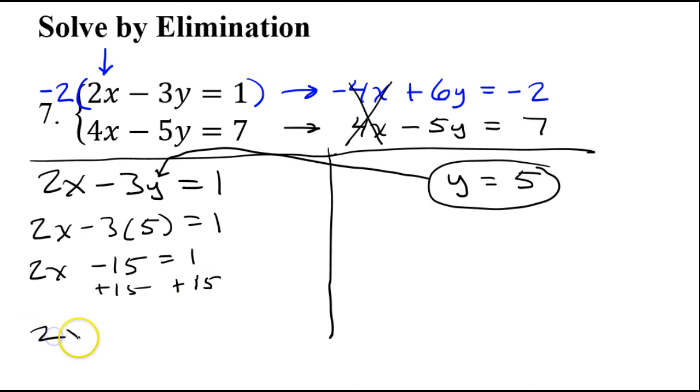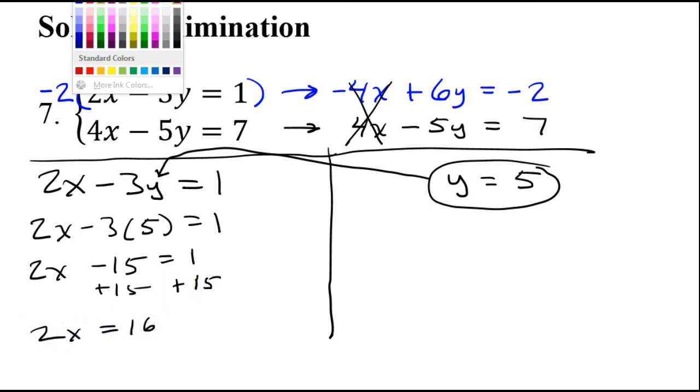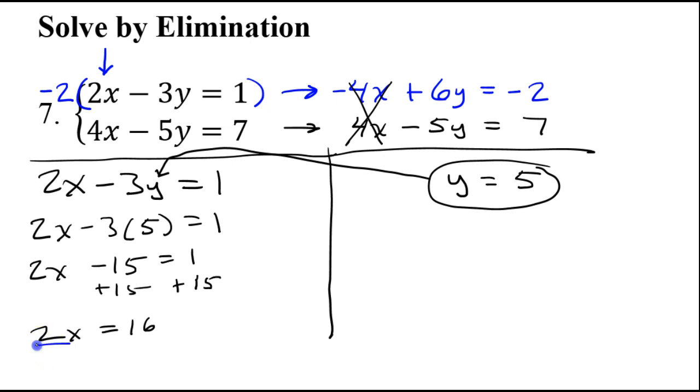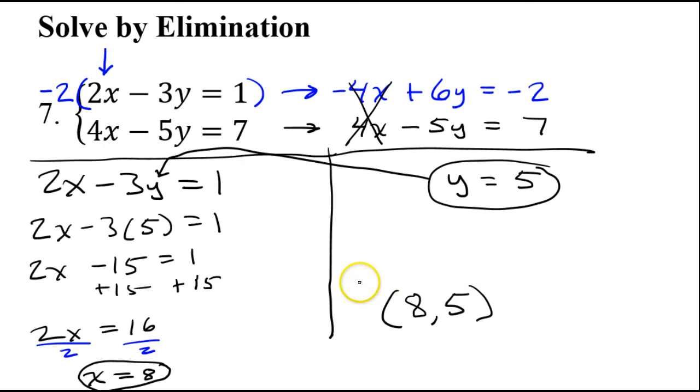So I get 2x is equal to 16. So then when I divide both sides by 2, I get x is equal to 8. And this is the other solution I was looking for. I could put them together and say that my solution is 8, 5. So this is the solution to number 7.